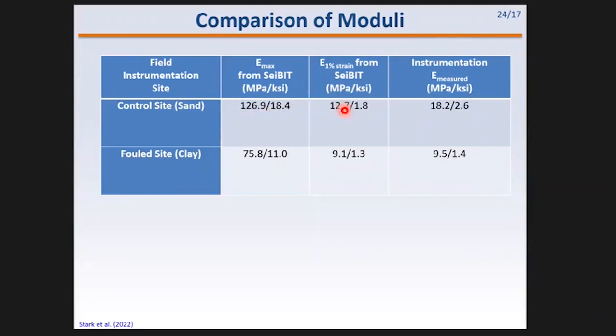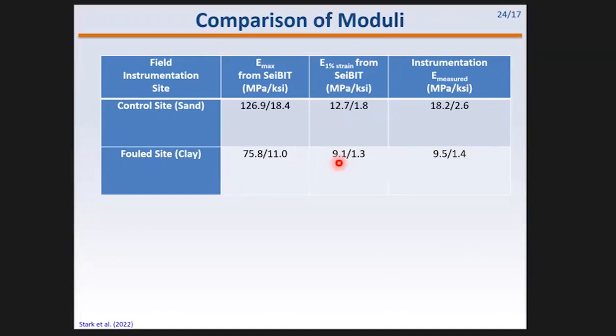You'll see in just a minute, some future work is working on these modulus reduction relationships and seeing if we can dial those in a little better and make more consistent predictions of the modulus. But here's the modulus at 12.7 MPa at 1% strain for the control site, and notice the fouled site is about 9.1 megapascals at 1% strain.